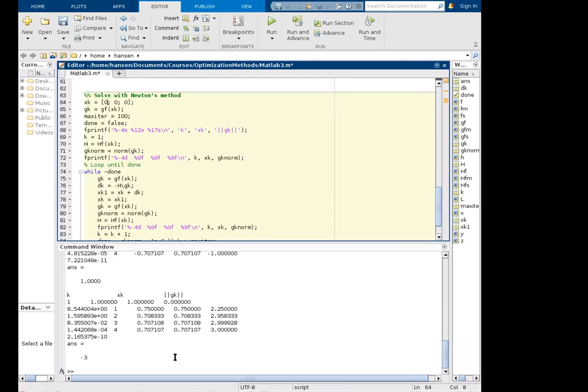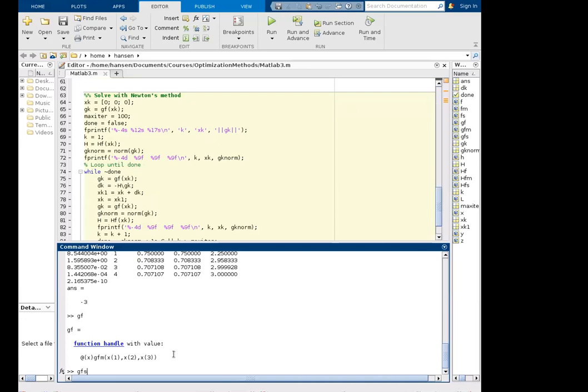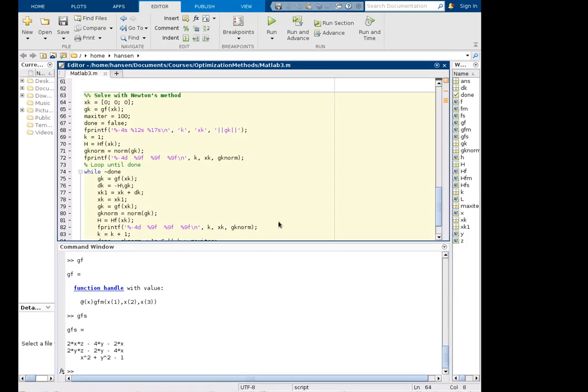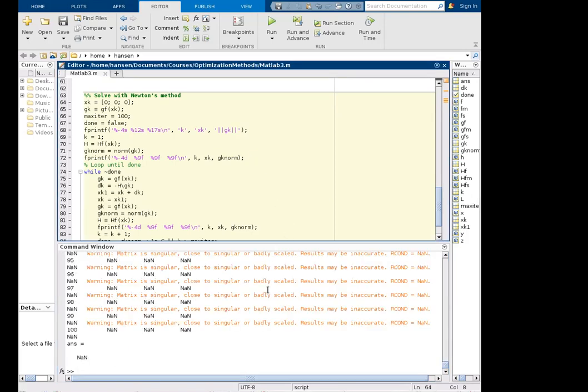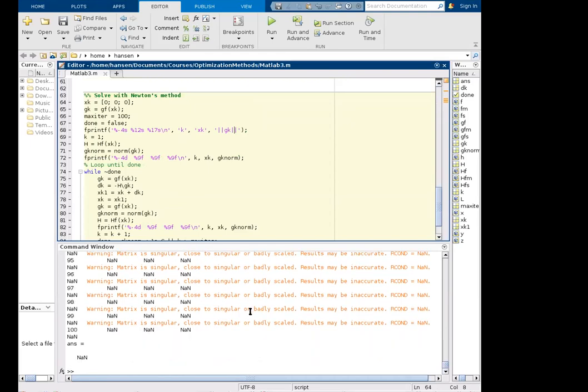If we look at this symbolic gradient, if we start from 0, well, it's not going to be 0 there actually because of this. So if we start from the origin, I don't know where it's going to lead us. Yeah, the matrix is singular or close to being singular. It's probably HF if we calculate the Hessian.